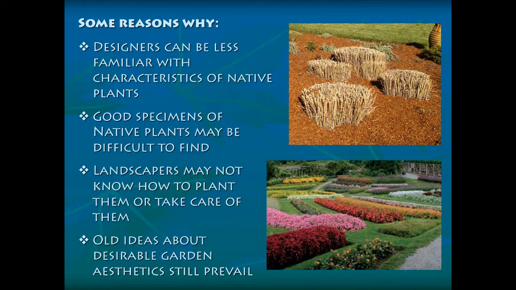But a lot of people don't know to do that, and so they cut down their plants like that. And then, it's also hard to switch your aesthetic, and that Victorian bedded out garden that you see on the bottom there is still in many ways a pinnacle of garden aesthetics that we have trouble getting past.